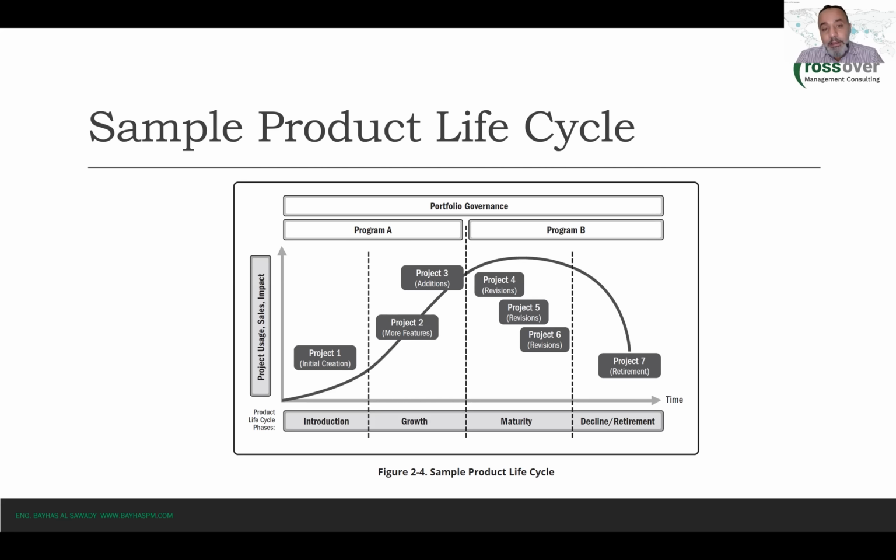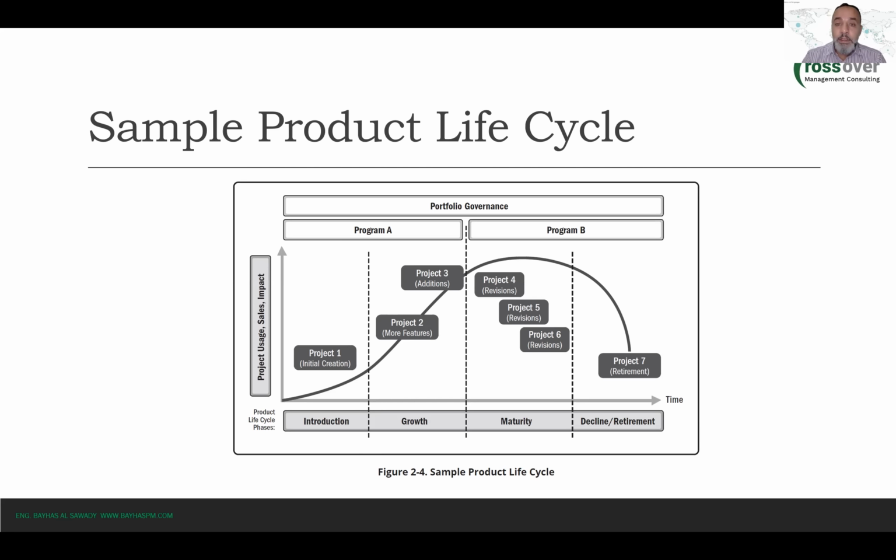Now, later on, you will get to know that these projects, when they have similar characteristics, can be grouped under one program. So a program is a group of related projects, and we tend to group those similar projects under one program in order to make it easier for us to manage them. Okay, so at the end of the day, the product life cycle will have probably more than one project life cycle and more than one program life cycle as well.